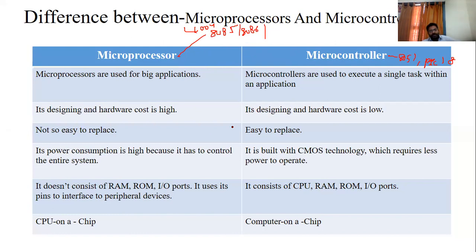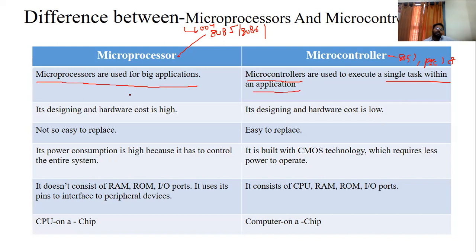What is the advantage of the controller? Microprocessors are used for big applications. Remember, microcontrollers are only used to execute a single task within an application.